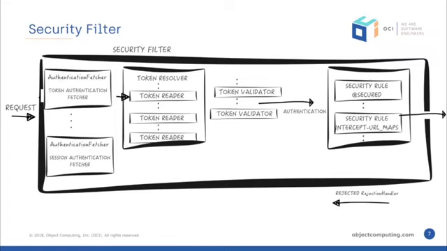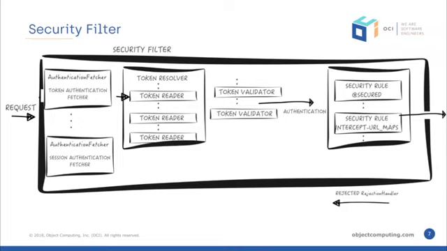The token reader will attempt to read that from the authorization header. If you are using JWT authentication, you may send the JWT in the authorization header with a bearer prefix. So there is a token reader that will read that. But if you are using a custom solution, you may choose to read the token from a request parameter or from a custom HTTP header. And you can do that with Micronaut. You just will need to register your own token reader.